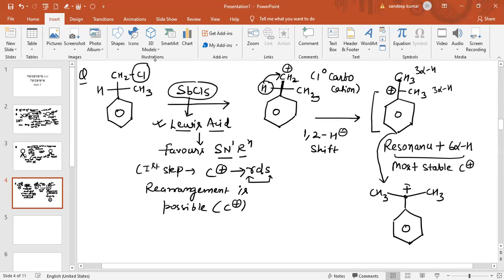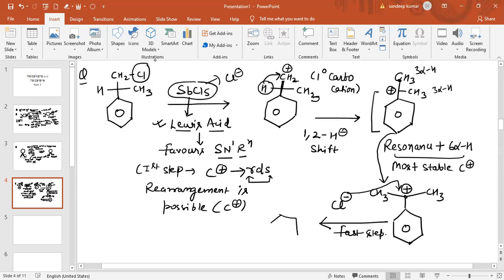Now the attack of the nucleophile in the fast step: SbCl5 will provide the Cl minus nucleophile, and this Cl minus will attack. So the attack of the nucleophile is the fast step.